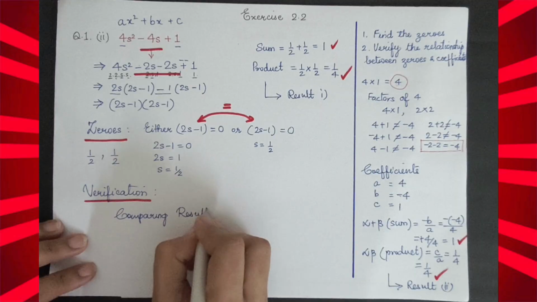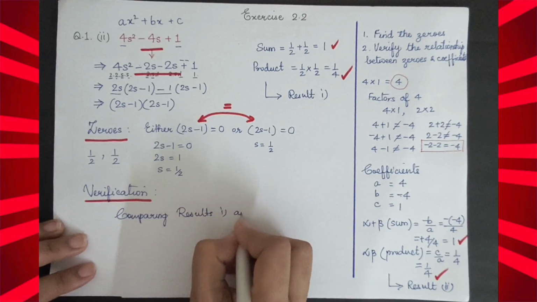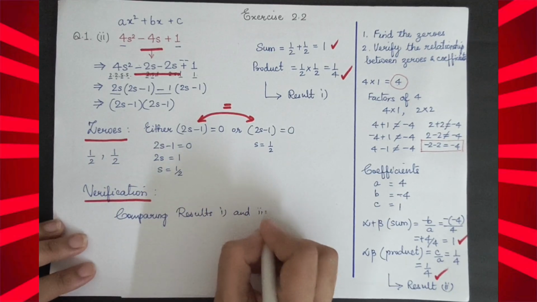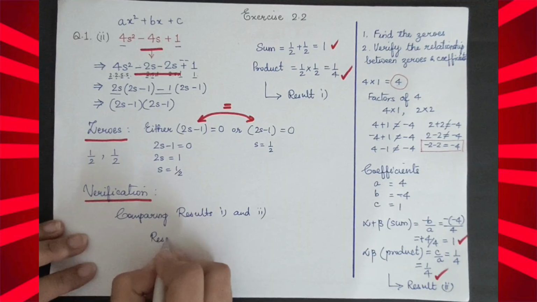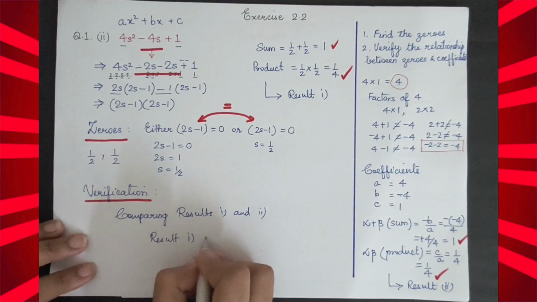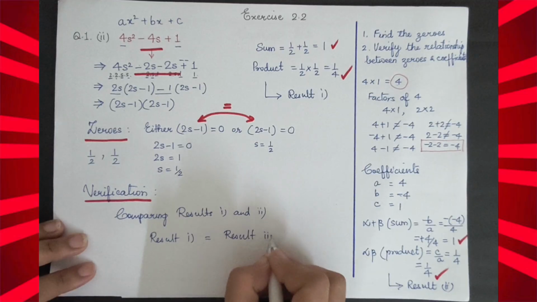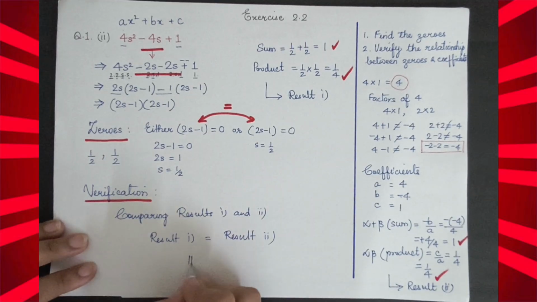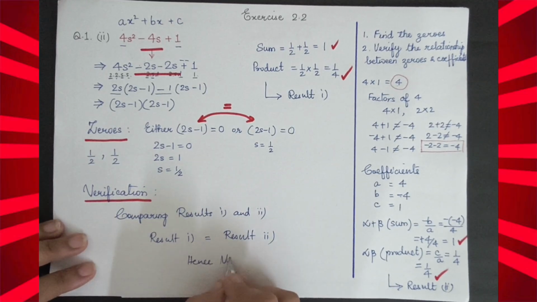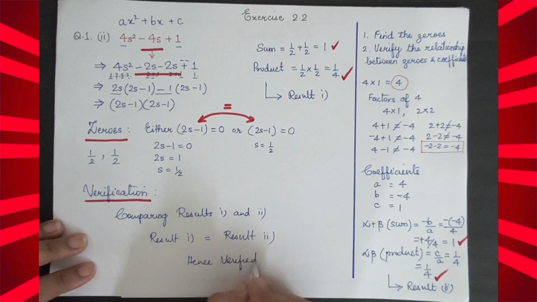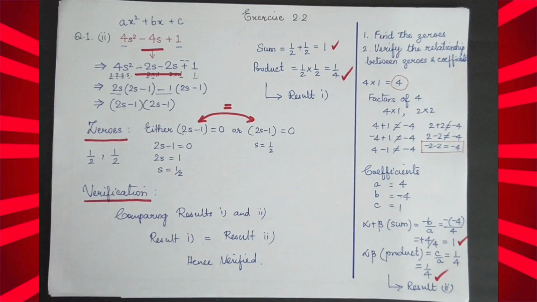Comparing result 1 and result 2, we can see that result 1 is equal to result 2. Hence we can say that the relationship between zeros and coefficients is verified.